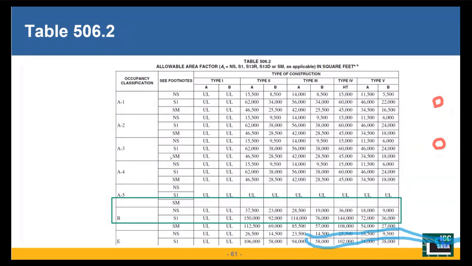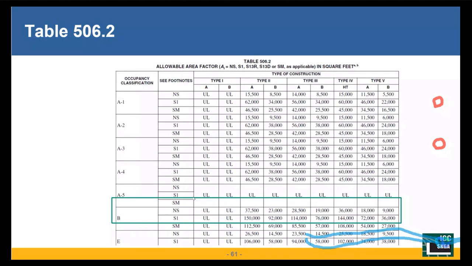So here are the allowable area factors, frontage, the allowable area factors that we pick for each occupancy, and then we'll make additions and modifications. I'm picking B again for the purpose of comparison. So what does SM stand for?